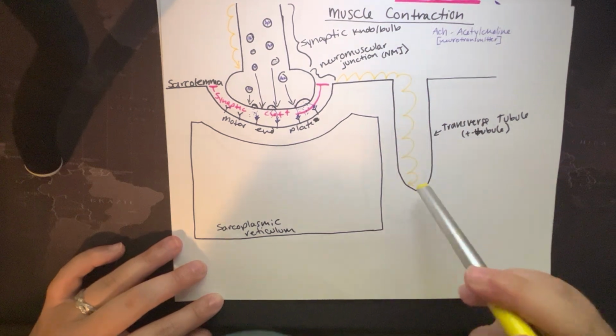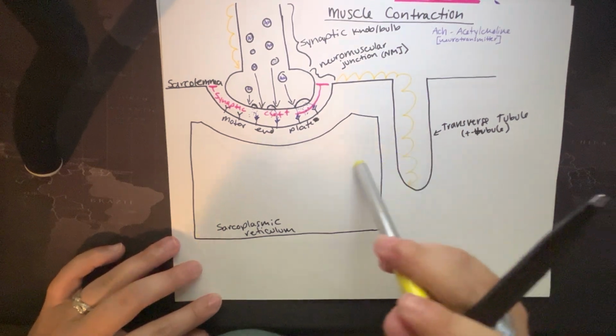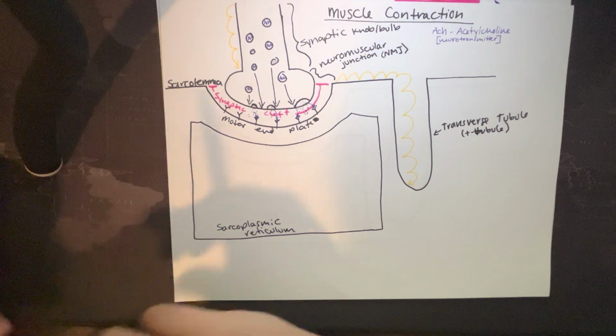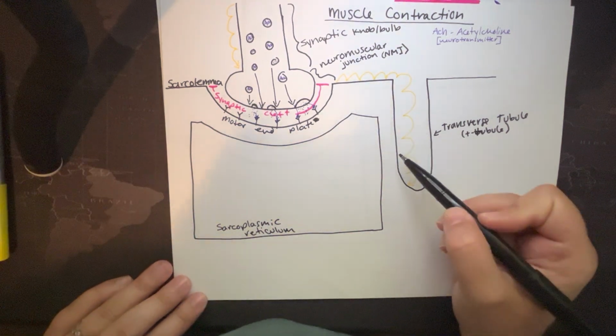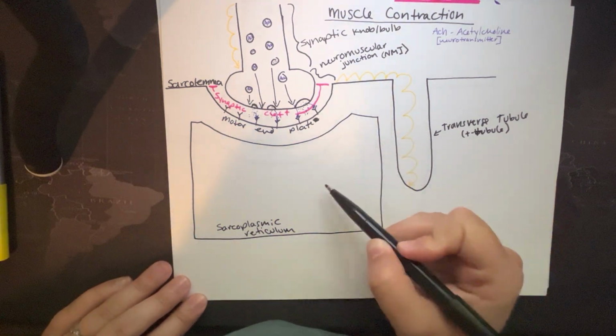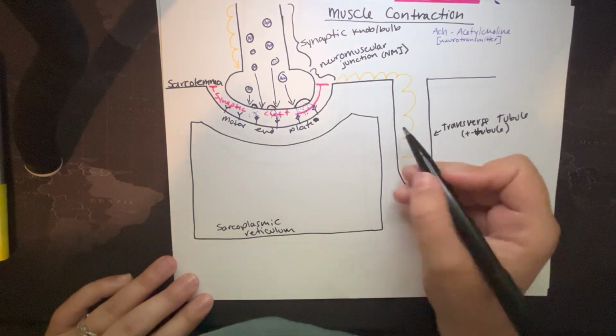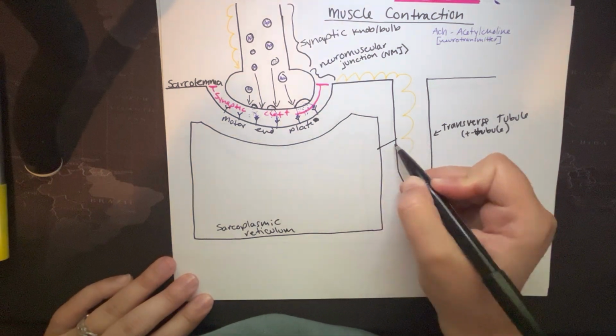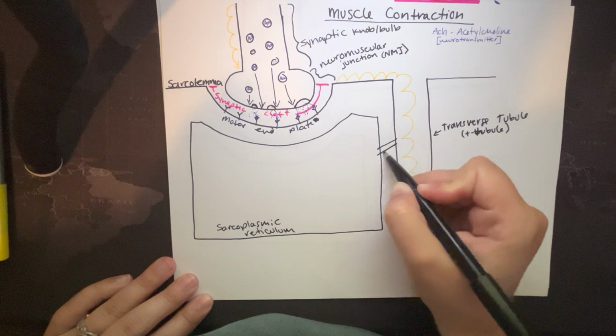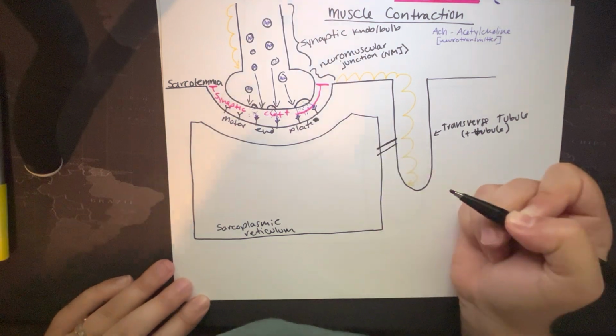Once the transverse tubule gets that signal, something else is going to occur. At this point, we have to have that connection between the T-tubule and our sarcoplasmic reticulum. So what we have here is actually a channel. And this channel is going to work by passive diffusion.